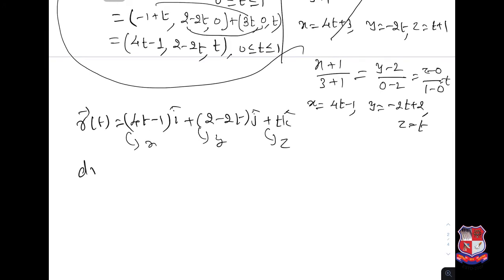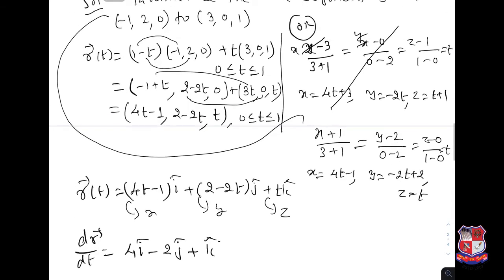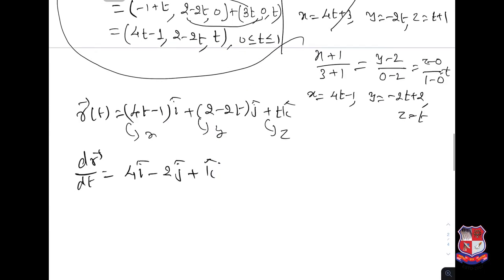Then we can find dr by dt also. So this is 4 i minus 2 j plus k. The derivative of t is 1, the derivative of 2 minus 2t is minus 2, and the derivative of 4t minus 1 is 4. Now f dot dr by dt.